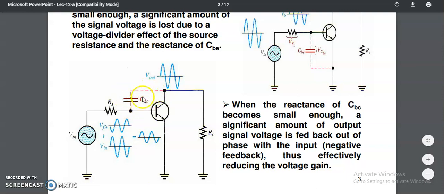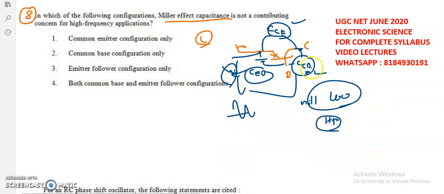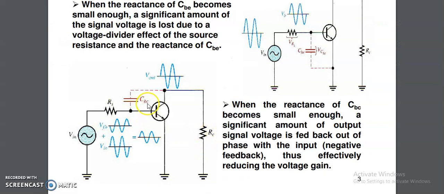So the Miller capacitance occurs between the collector and base junction. Whatever collector-base junction capacitance I took here is nothing but the Miller capacitance. While coming to the CE configuration, the capacitance occurs between the collector terminal and the base terminal.